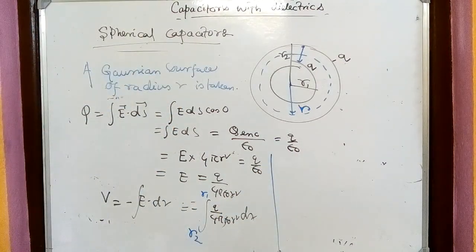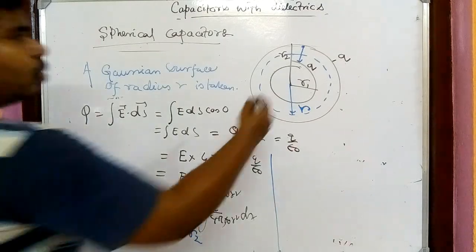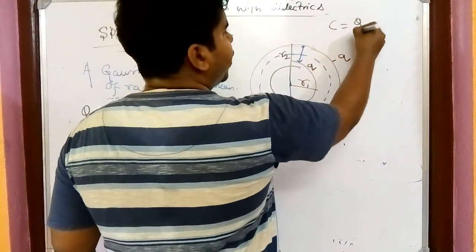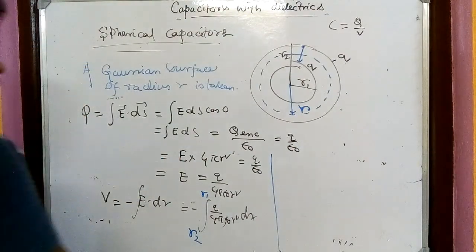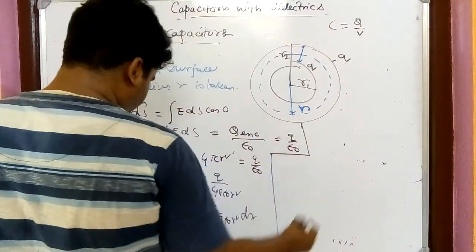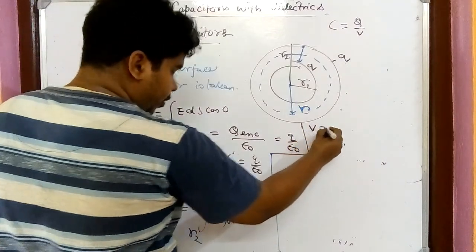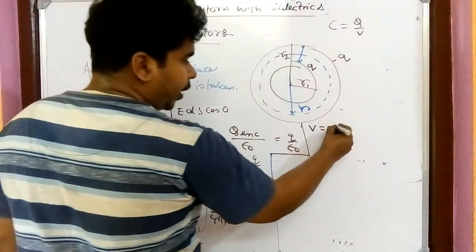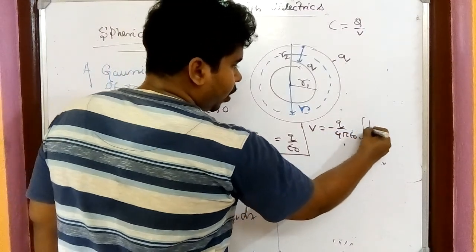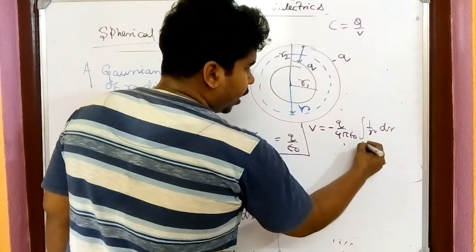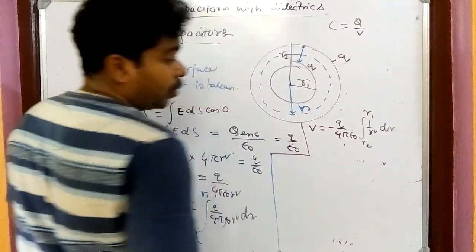The basic principle is the same. We have to find V, and we know C equals Q by V. So we'll put it here and get the answer. V equals minus q by 4 pi epsilon naught, integration of 1 by r square dr from R2 to R1.